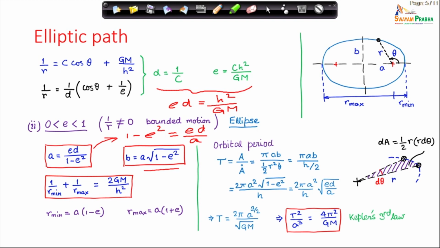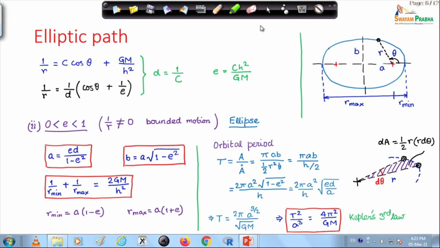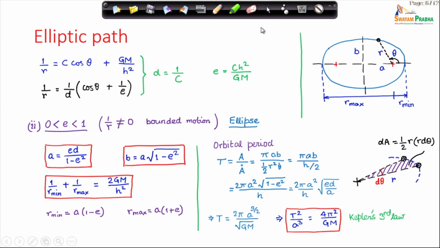In an elliptic path it is a, the length of the semi major axis, so T square is proportional to a cube. For a circular path, T square is proportional to r cube, which we have already seen.